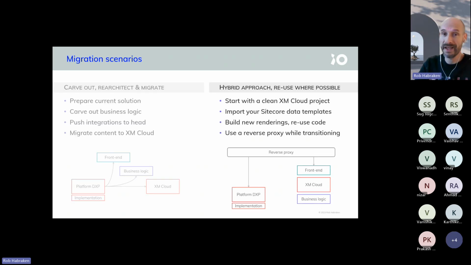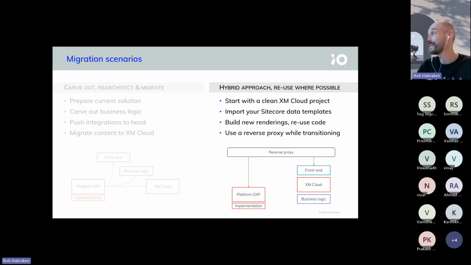And the other approach, if your delta is maybe a little bit bigger, is a hybrid approach. In the hybrid approach, you're going to reuse as much as possible, of course. So you're going to reuse renderings depending on if you're already using an Atlas setup or if you don't.